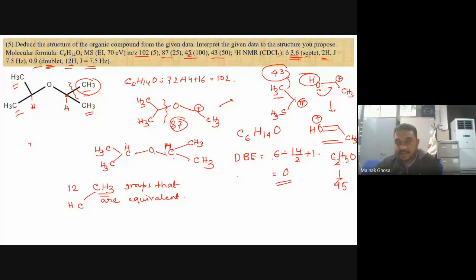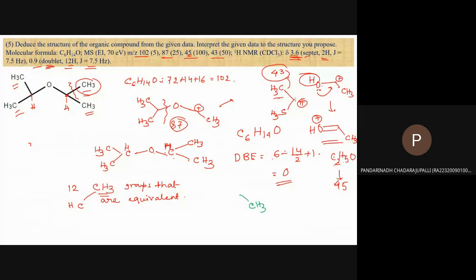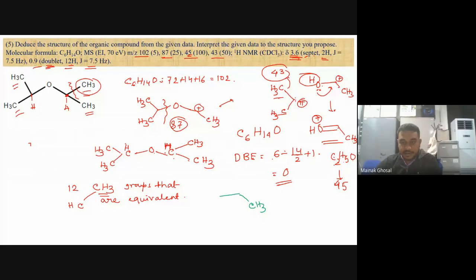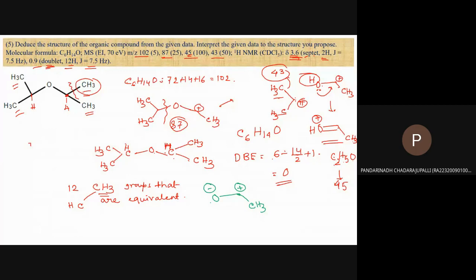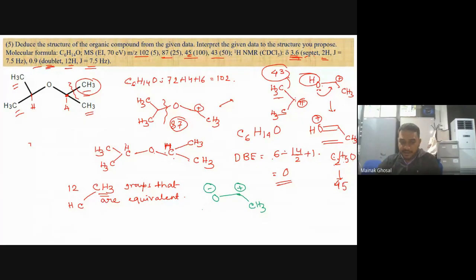If hydrogen is not there, what are we left with? O minus, CH3, CH plus. This O minus will be there, right? So if this is present in the solvent, it can take H plus from the solvent.